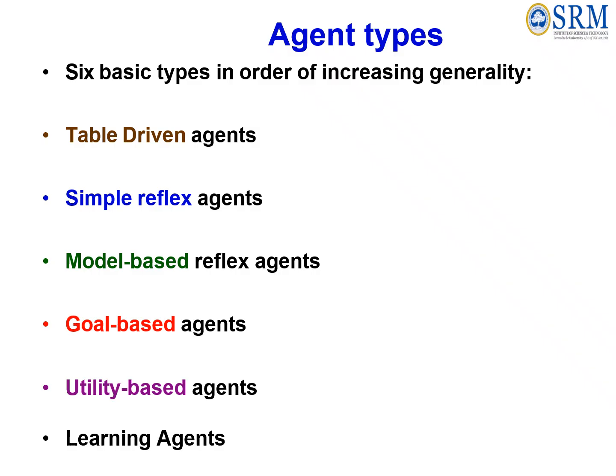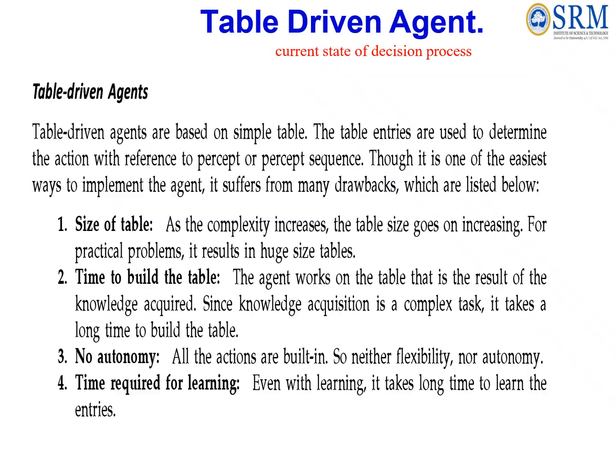It does not just achieve the goals, it tries to achieve them in the best possible way, where the utility function is of the agent. Next is the learning agent. A learning agent improves its performance through experience, and it learns from success as well as failure. Let me see them one by one in the next slides.